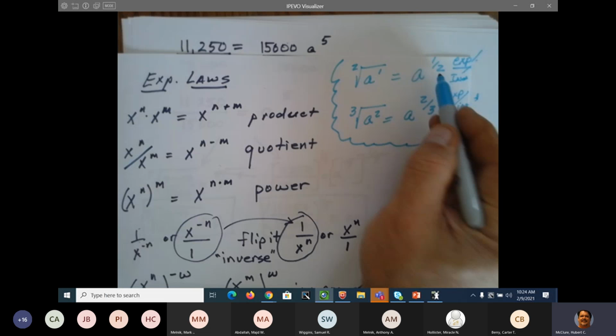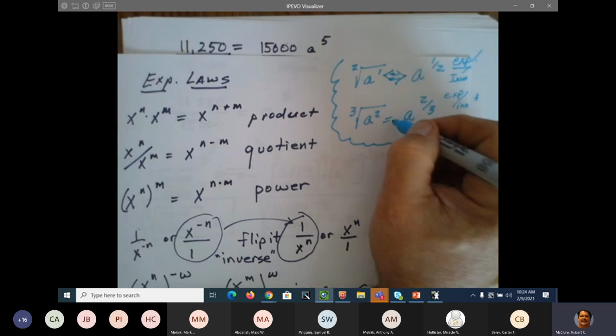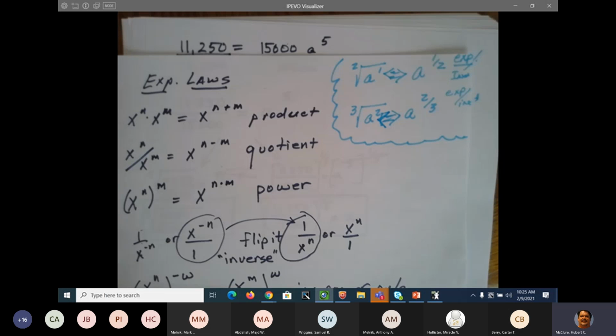Now, you're going to be doing this a good bit because calculus does not really like radicals. Really, anytime you see a radical in calculus, you need to change it to a rational exponent. So you need to remember that.